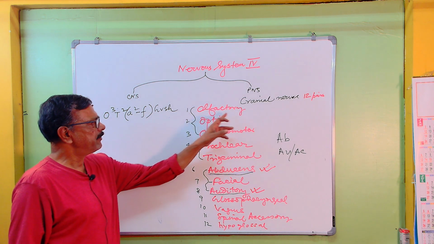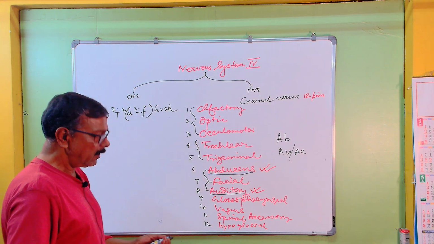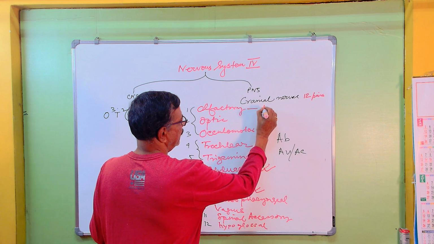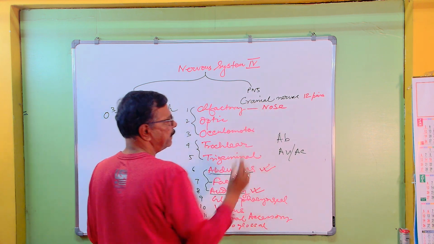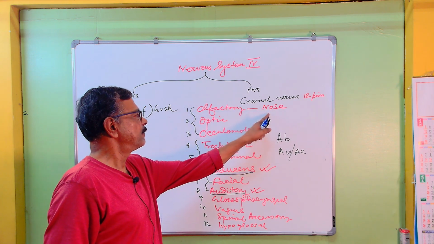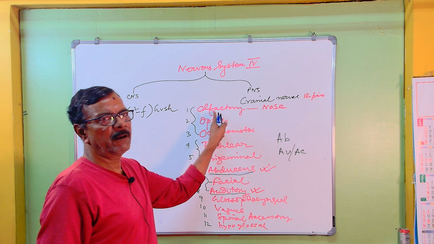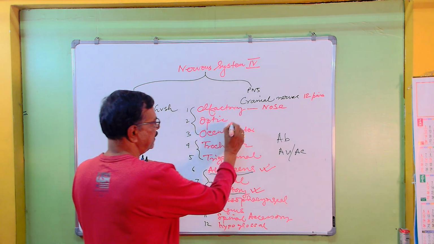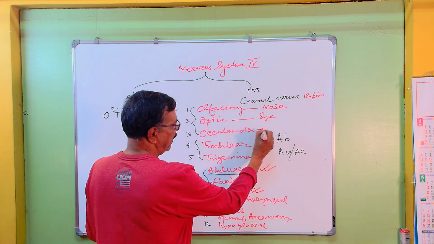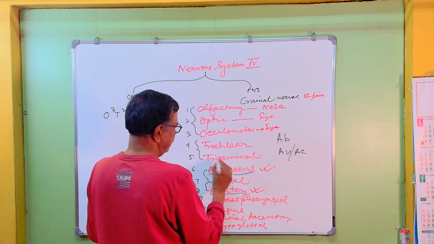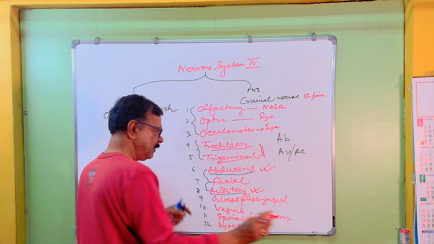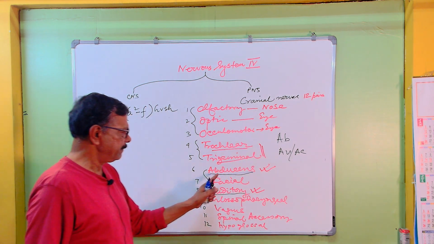Now, olfactory relates to the nose, olfaction. It is highly developed in dogs. So the smell sense comes from the nose through the olfactory nerve. Optic, eye. Oculomotor, eye muscle. Trochlear, trigeminal, these are all eye muscle. You will consult your book, you will get everything.